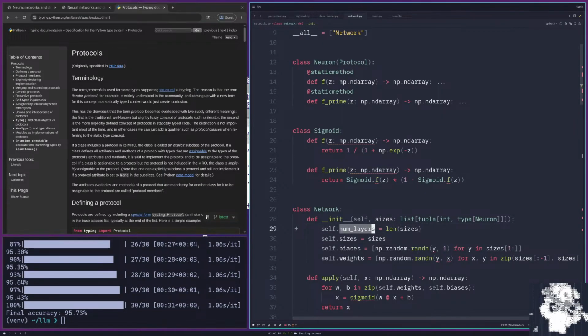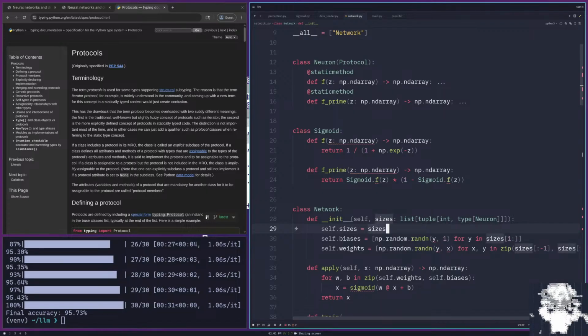Alright, num layers, I don't actually use that, so let's get rid of that. Sizes is going to be the first thing in each tuple. So let's call this layers instead of sizes. Sizes equals layer of 0 for layer in layers.